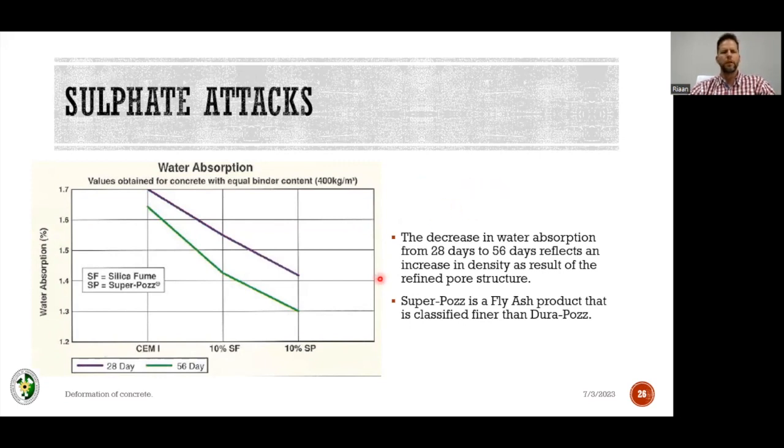So note over here that there was a 28-day and a 56-day string, and you'll find that on a pure CEM I, just at a later stage, your water absorption value drops. If you use 10% of silica fume, it drops even further. And there's a further drop if you take the string to 56 days. And if you use a superpozz, which is fly ash that has been more finely classified at the factory, you have even better performance.